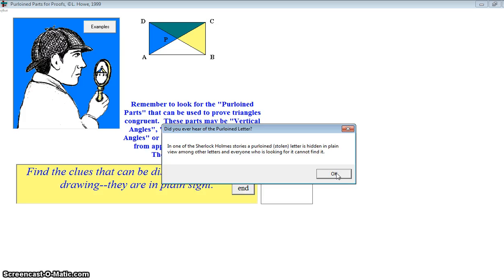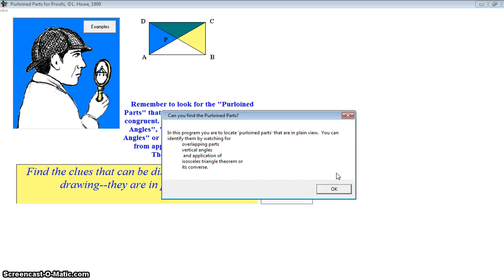So the letter was stolen, and then it was hidden in plain view, which made it very difficult for detectives to find it. In this program, you are to locate the purloined parts. Those are the pieces that have been given to you, but they're kind of hidden in plain sight. You're looking for overlapping parts, vertical angles, and the application of the isosceles triangle theorem.